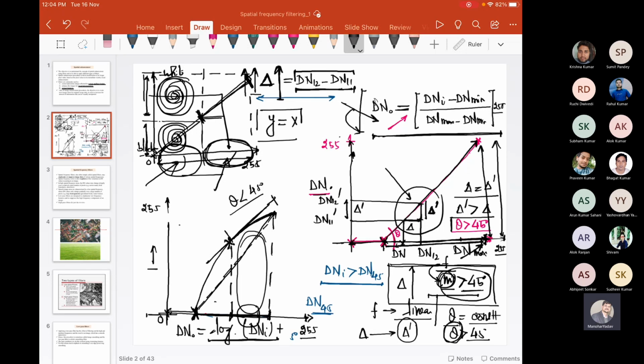While in this case, theta is more than 45 degree, and we have the highest slope towards the darker side. So the darker part of image is more enhanced, strongly enhanced. Let's say in the given image we have a dark scene and bright scene. By using a logarithmic function, we enhance the dark areas more.